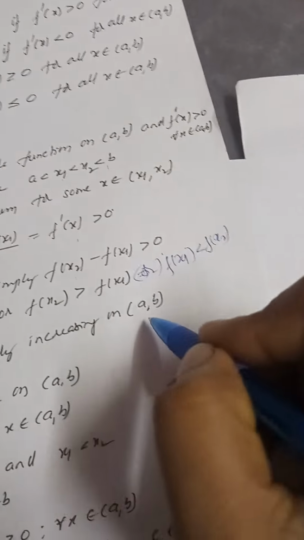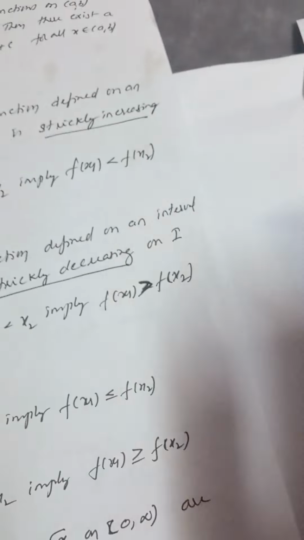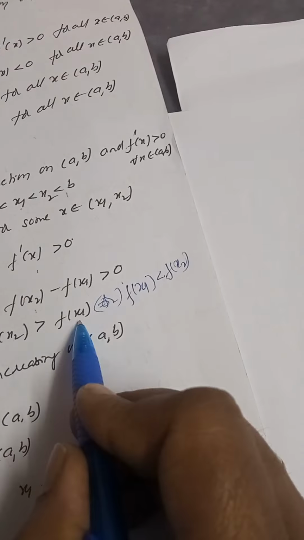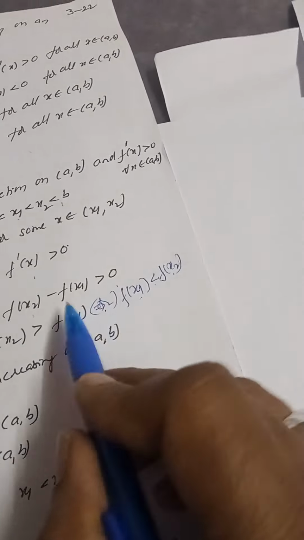Therefore, it is strictly increasing. The values go on increasing. See here, x1 less than x2 implies f of x1 less than f of x2 we should get. We got the same result, no? f of x2 greater than f of x1, or you can write f of x1 is less than f of x2.